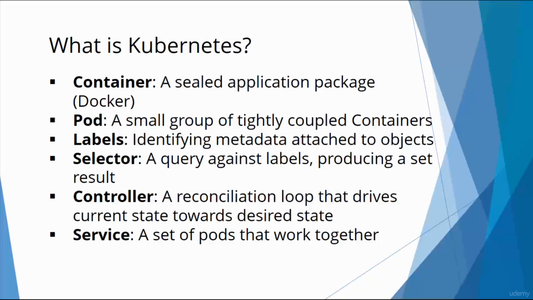So you take those containers and you create a pod. Labels identify metadata attached to objects. A selector is simply a query against these labels, producing a set result. A controller is a reconciliation loop that drives current state towards the desired state. As the word suggests, it controls. And a service is a set of pods that work together.